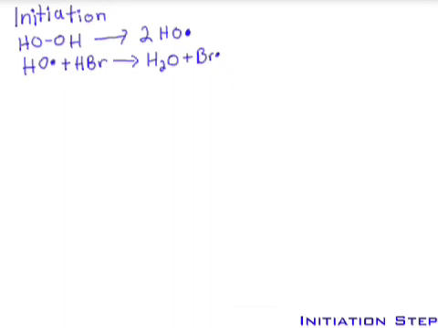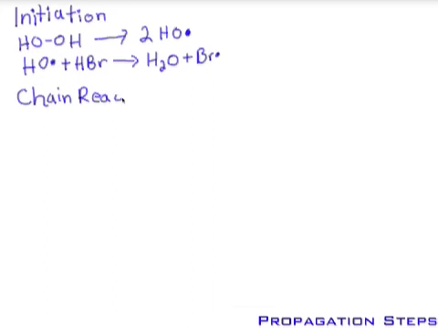Now, the concentration of radical at any given time in solution is very small, but it is crucial to causing the chain reaction or the propagation steps to occur. Chain reaction, or what is often better called the propagation steps. How the reaction propagates itself.